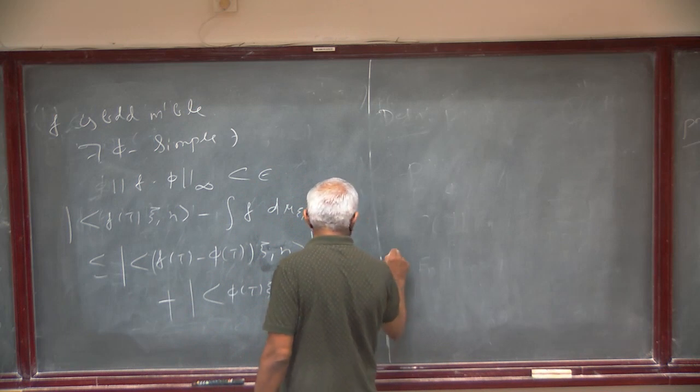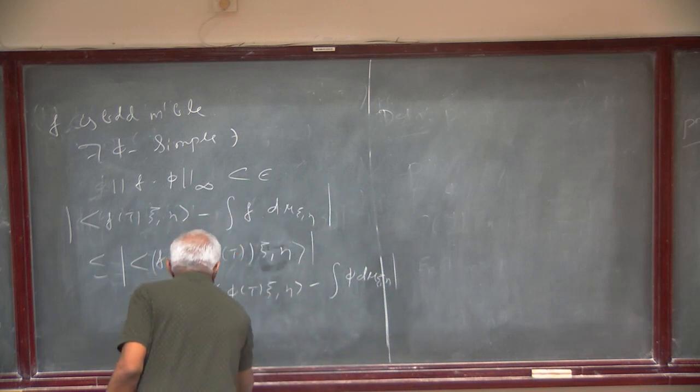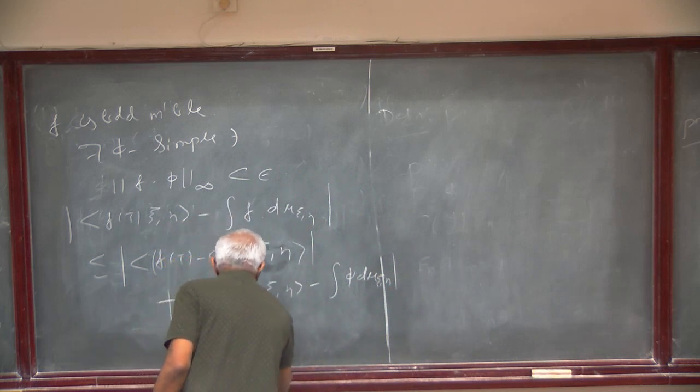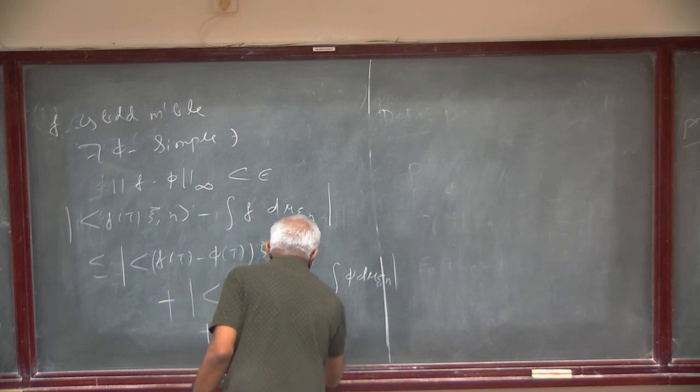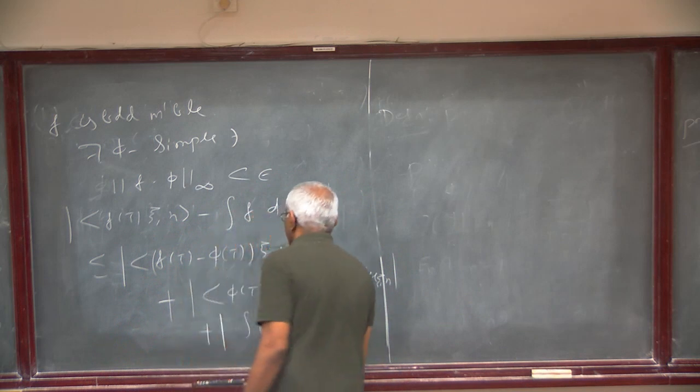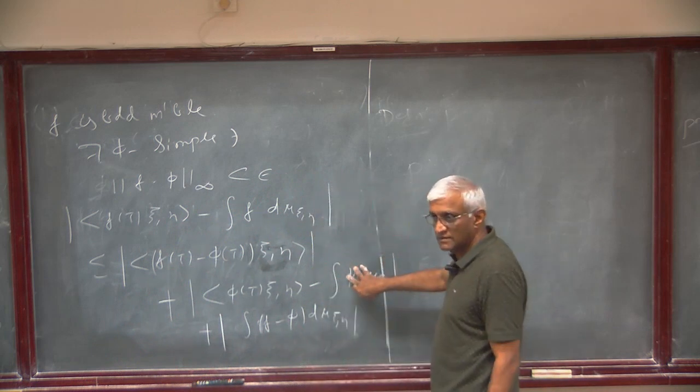Then there is the integral of phi minus f, d mu xi eta. Now this is, of course, less than epsilon.